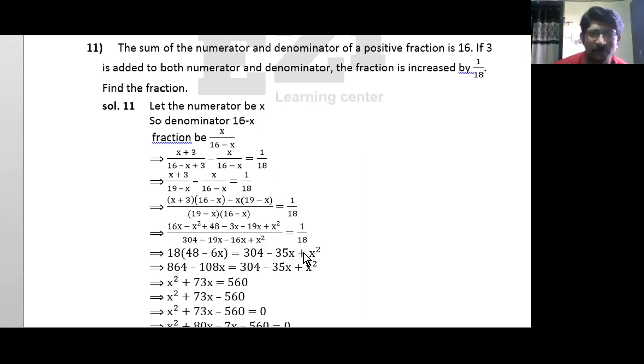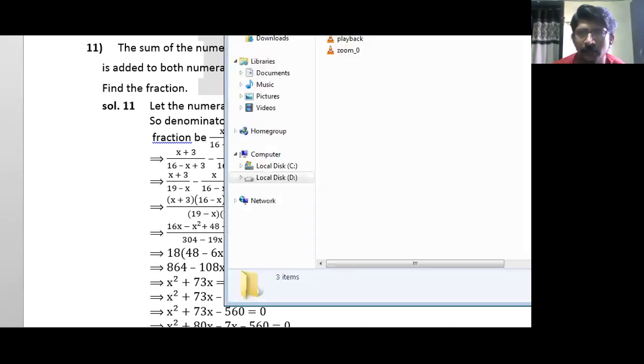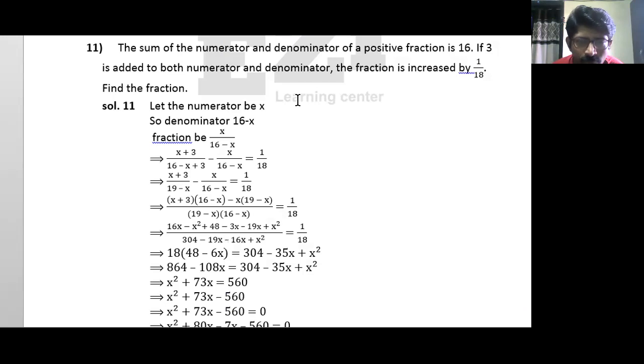Now some steps we'll have to see very carefully. This x square and x square will get cancelled. Then this will become 16x minus 3x, 13x minus 19x will become 35x, isn't it?